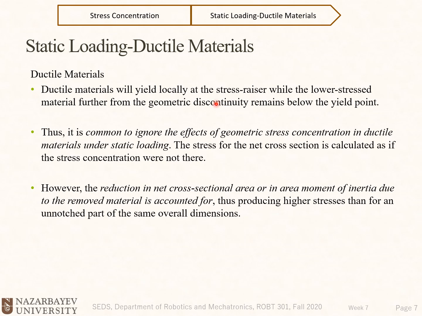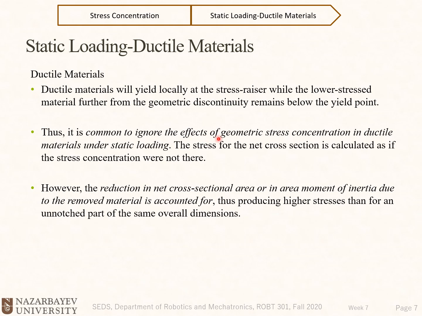So we said, for example, we have a notch. At the notch we have a stress raiser, or a stress concentration. We have that Kt that increases the stress, and the stress could go beyond the yield point, okay?